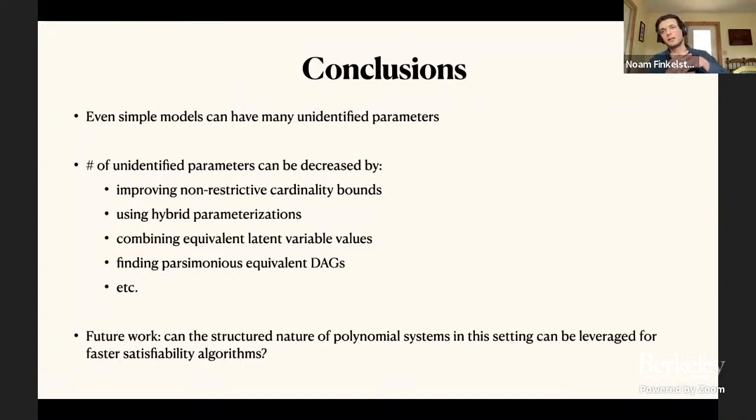There's also a very specific structure in how parameters are shared across equations. And so in terms of speeding up causal compatibility queries, I think that is an interesting avenue for future work. So, that's it for me. Thank you very much for listening.